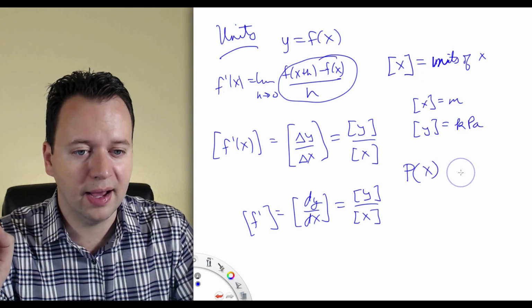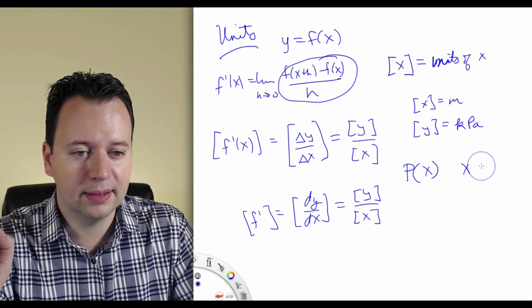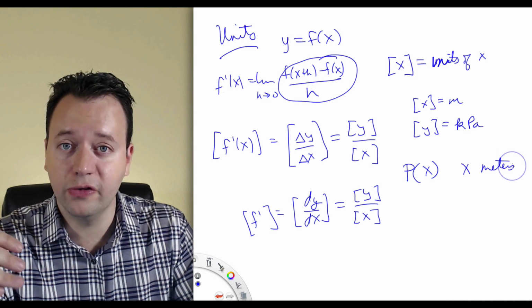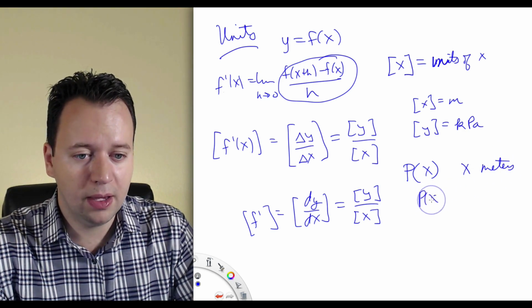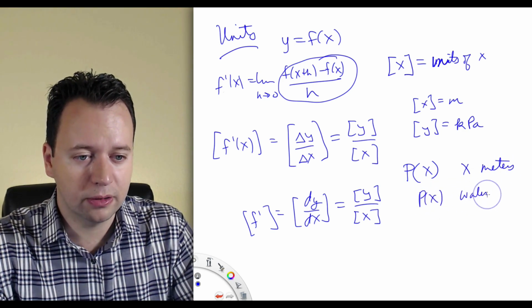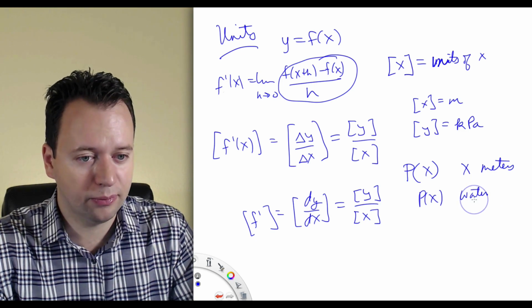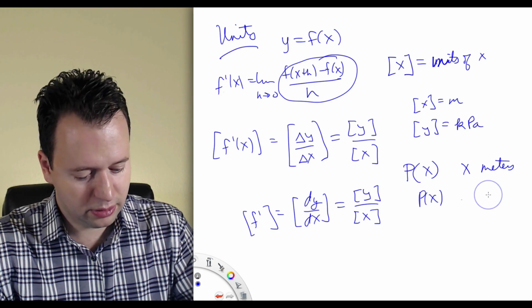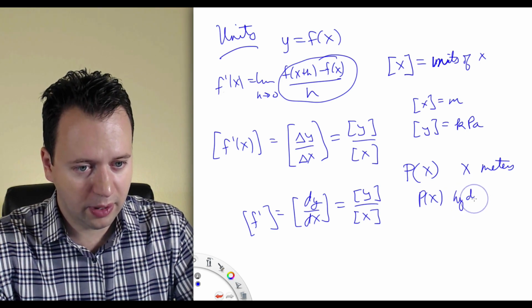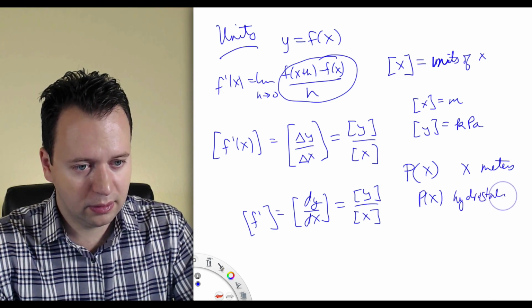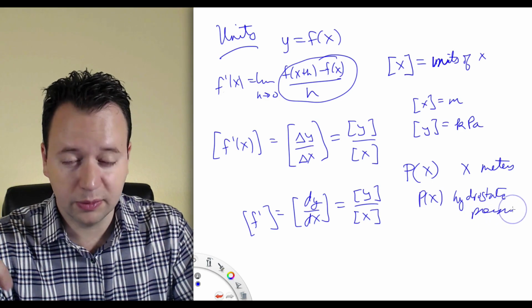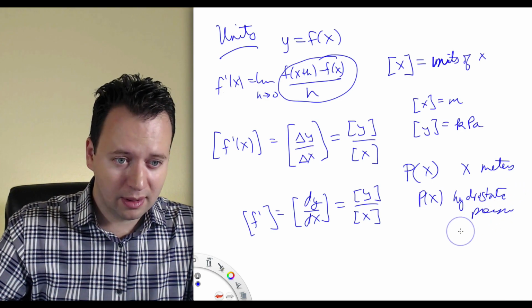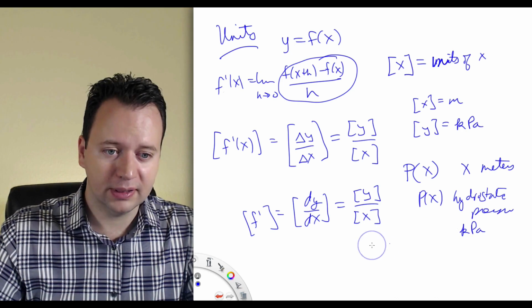So if your function is P of x, let's say x is meters below the surface of the ocean, and P of x is the water pressure, or the hydrostatic pressure. It's basically the pressure at that depth in, let's say, kilopascals.